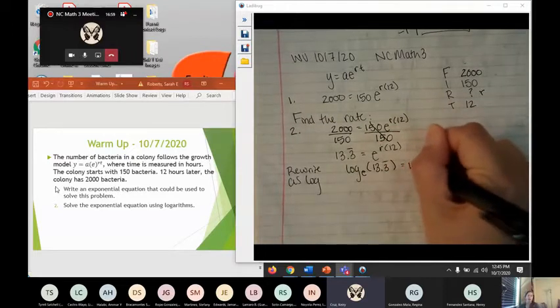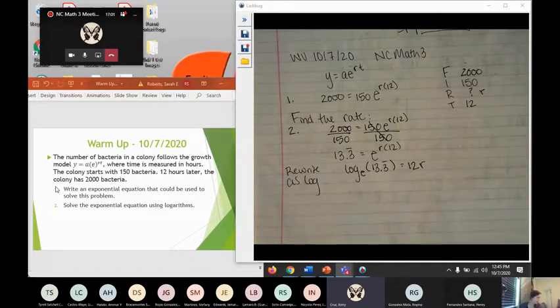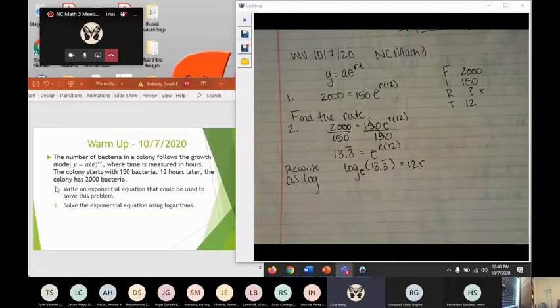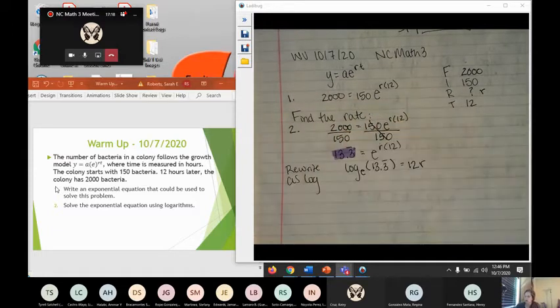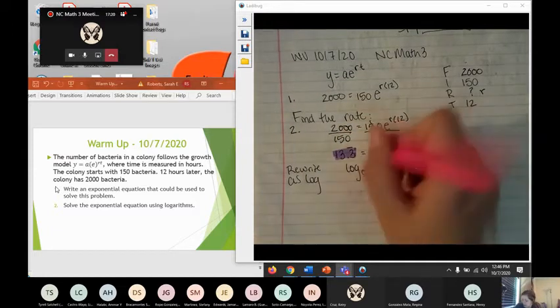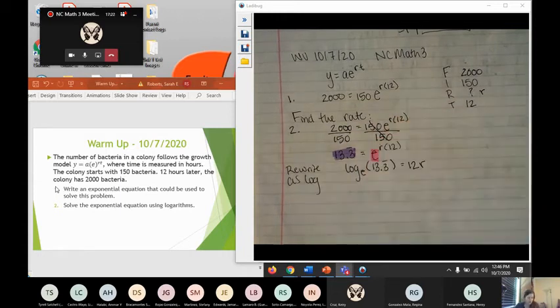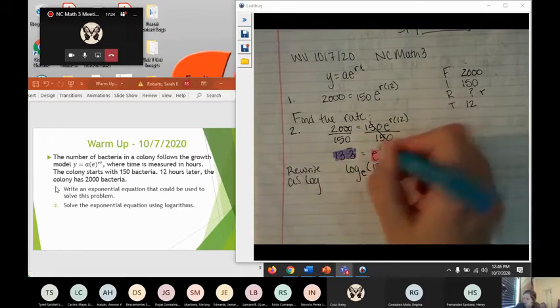Okay, thank you, Katie. You can go. If I highlight this, did I highlight this just like I did the other day? So I had an exponential where this was my answer, this was my base, and this was my exponent.